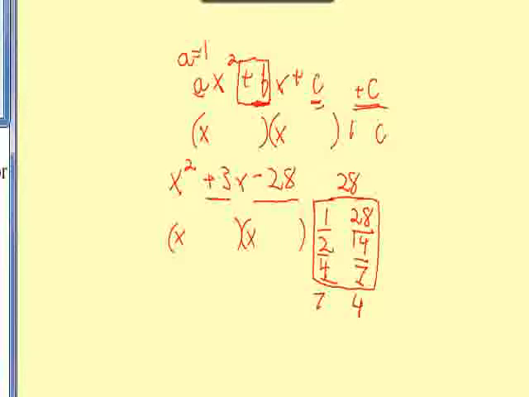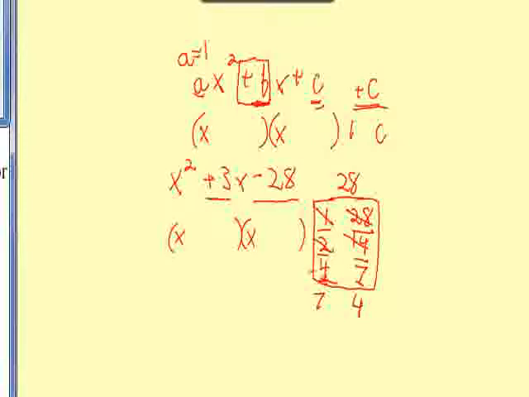If I took 28 plus 1, that's 29. 28 minus 1, 27. Nope. No way with the 1 and 28. 2 and 14, well, 2 plus 14 is 16. 14 minus 2 is 12. Nope. 4 and 7. Here we go. If we have 7 and we subtracted 4, what would the answer be? 3.